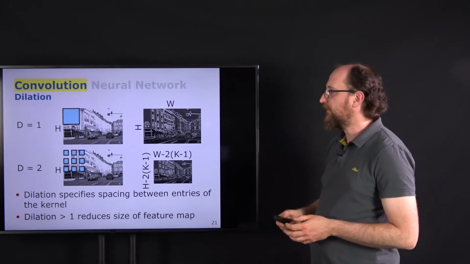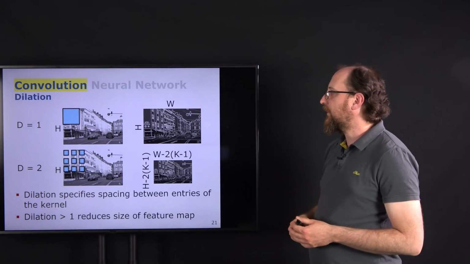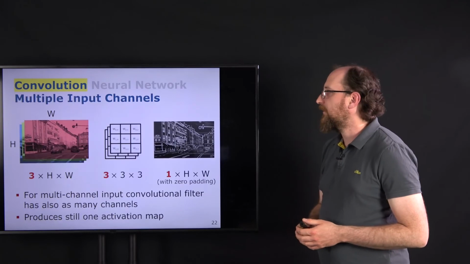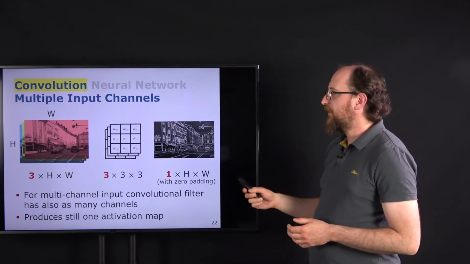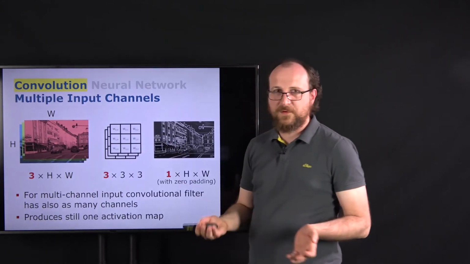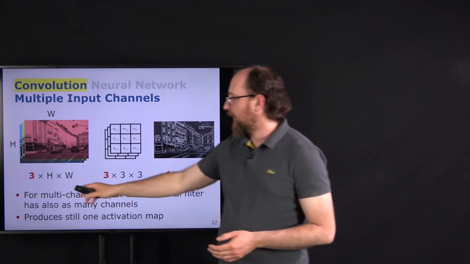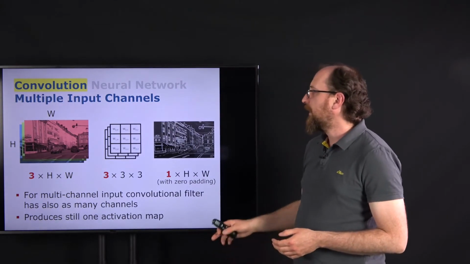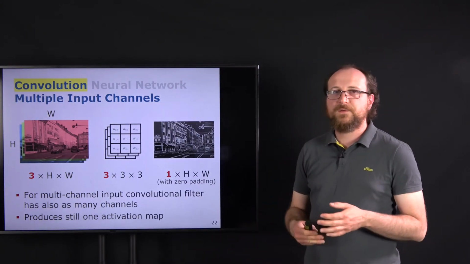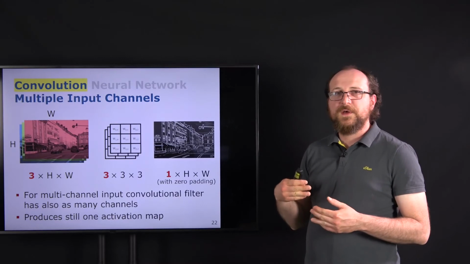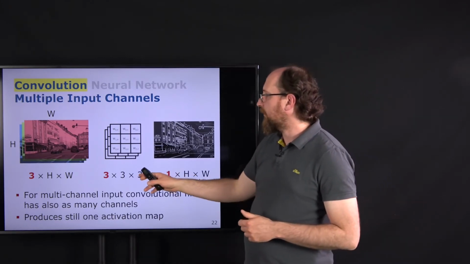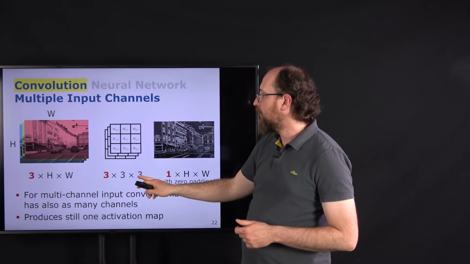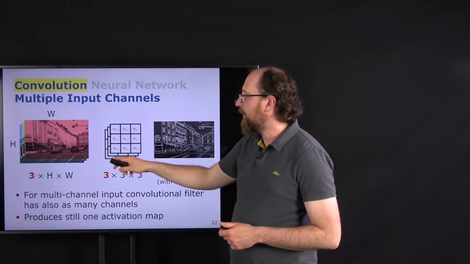In these examples, I always used a single layer image, but usually we have multiple layers. Specifically here in this example, maybe we have a color image. That means we actually have 3 channels. And what is usually done is that we also increase the size of the convolution in this way. So in the end, we have a 3x3 two-dimensional convolution, but with additional values for the other channels.